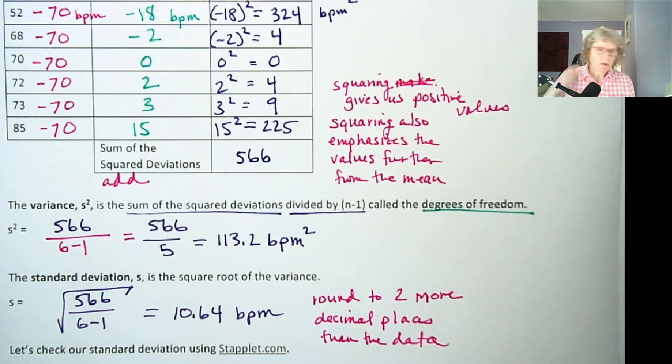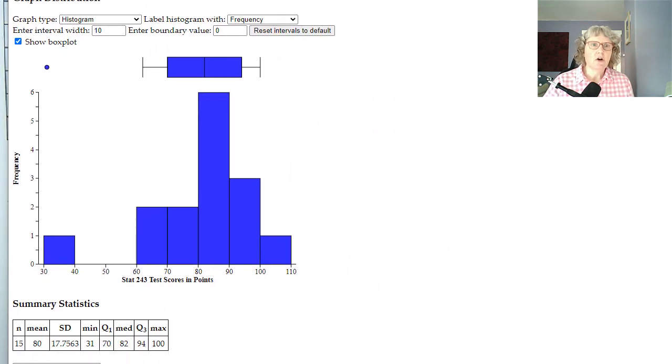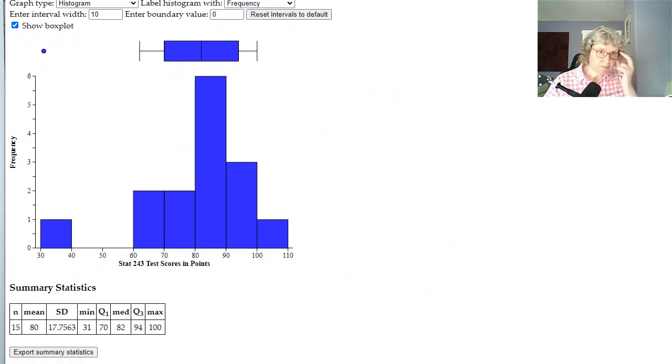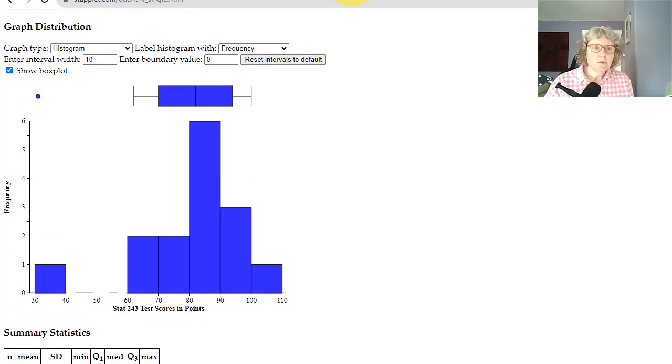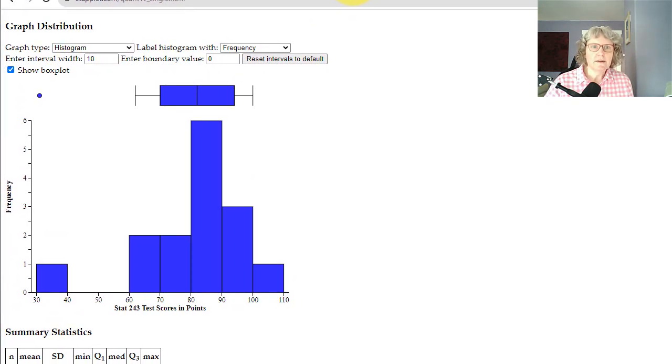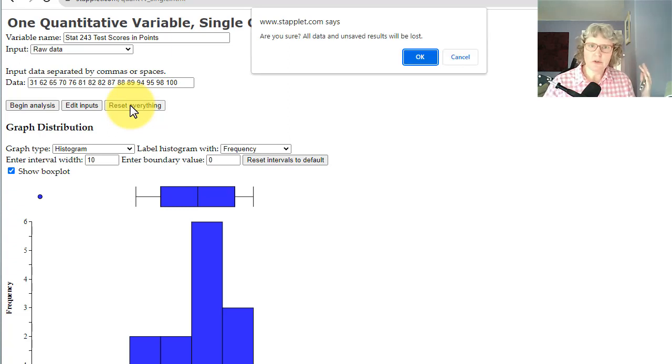Okay, so for Staplet, I believe I still have what we did earlier over here. So let me pull this over here and let's check. Oh, it's a different data set. Never mind. Okay, well, that's okay. Let me show you what we would do. What you do is reset everything. So let's say you've done this, but now you're doing a new question.